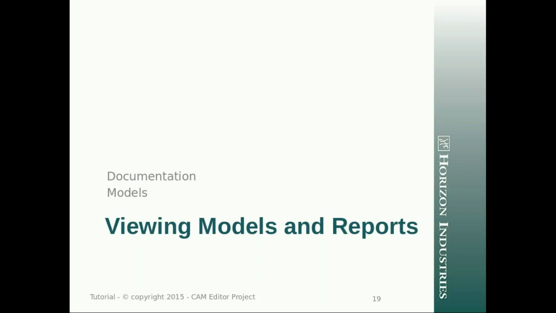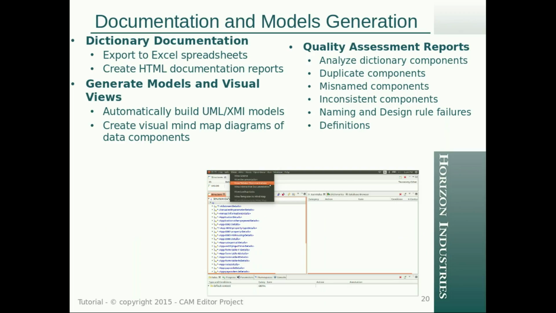Okay, the next piece is documentation and models. So again, you've got your dictionaries, you've created your SQL, you've created your Hibernate, now you want some documentation. And so you have the ability to view the tabular documentation. So from the CAM editor, you'll see View, Tabular Documentation.